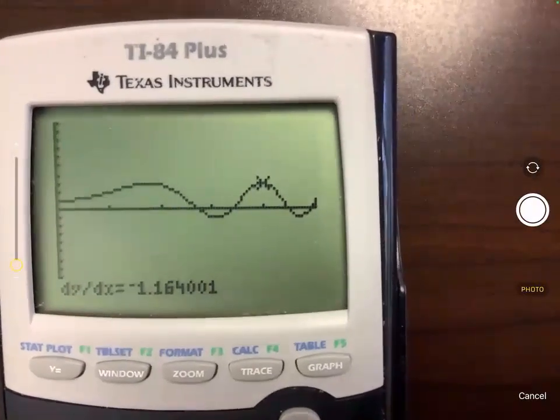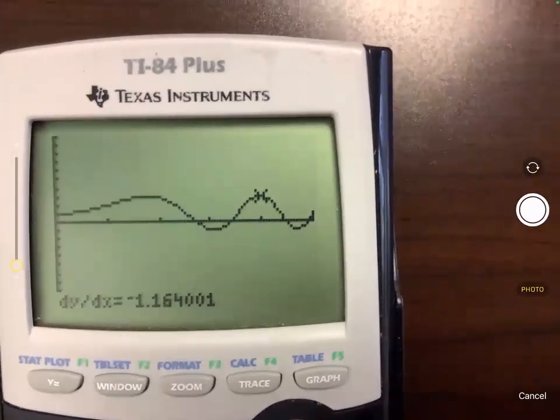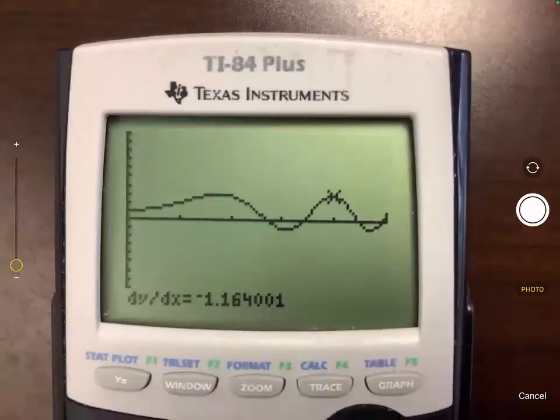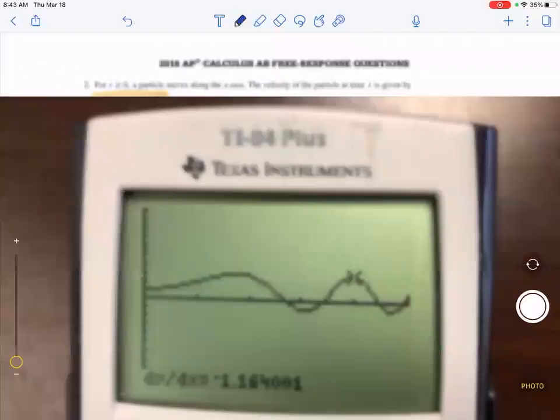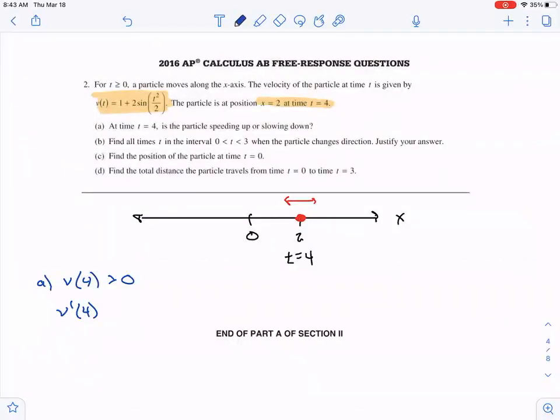A negative value. Okay, so I don't even really care about the magnitude. I just care about the sign. So now I can go back to this and say v prime at 4 is negative. Therefore, the particle is doing what? Signs are different. The particle is slowing down.